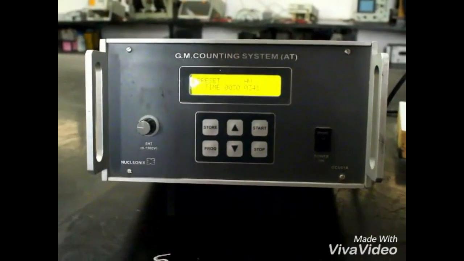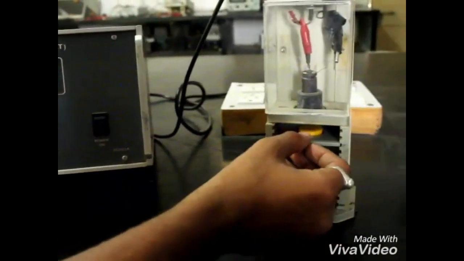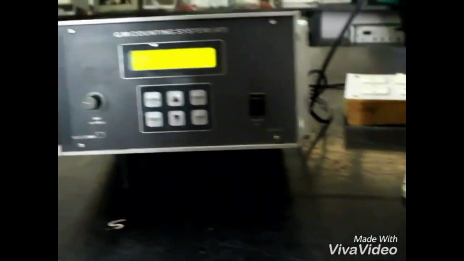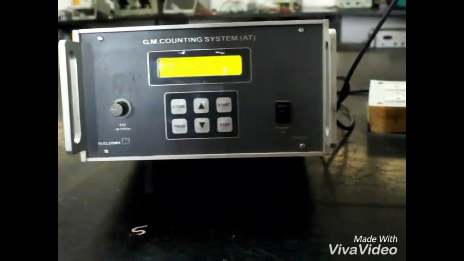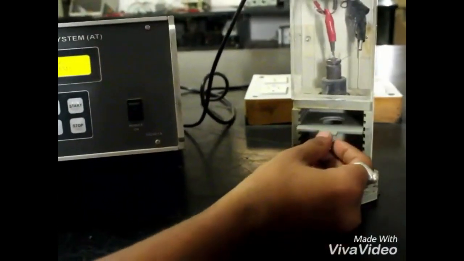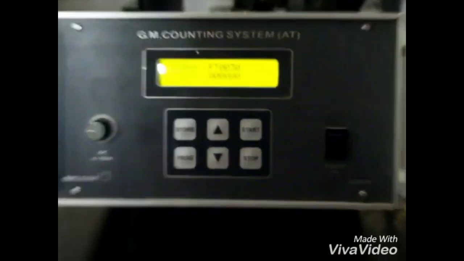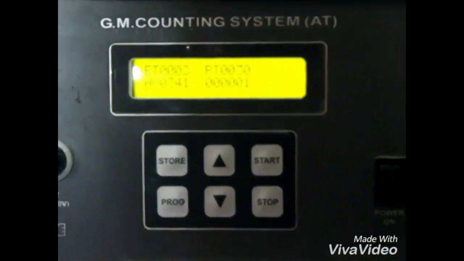Now, in order to obtain the background counts, we have to remove the slide holding the CS137 and keep it as far as possible from the GM tube in order to avoid the radiation. Now place the same slide in the third window of GM tube and record the readings for the high voltage of 340 and the time limit of 30 seconds.